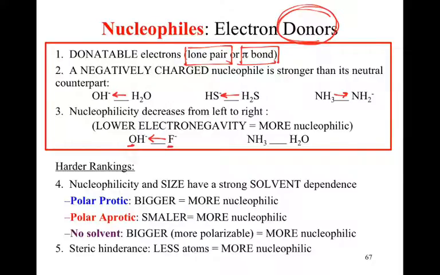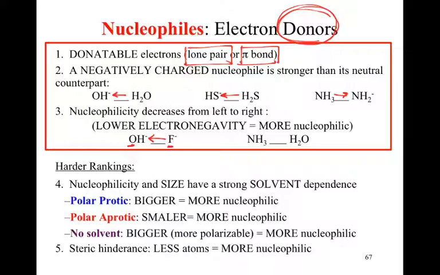Which becomes interesting when we look at the classic one that students get confused, say ammonia and water. Which one is more nucleophilic? And you say, oh, well, oxygen's more electronegative, so it's holding more electrons. Exactly right. It's holding more electrons. What is the definition of a nucleophile? It needs to donate electrons.